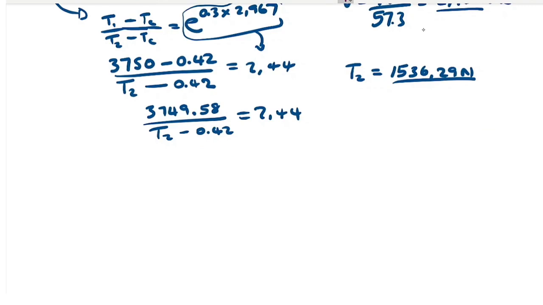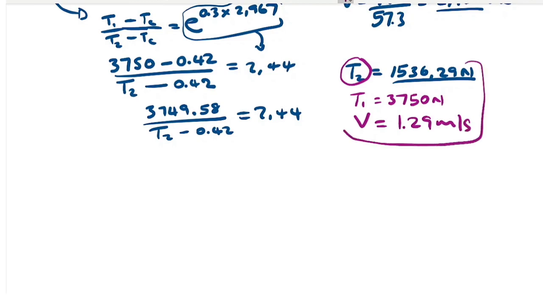We found the tension 2. We found the tension 1 to be 3750. That's the tight side tension. Then the velocity, we found it to be 1.29 meters per second. Then that's what we've been looking for to find the power.